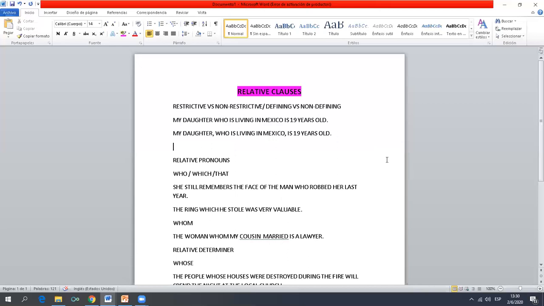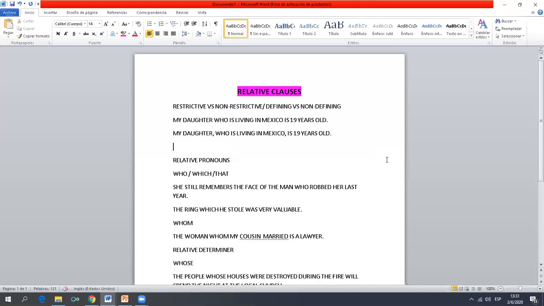If you look at the first example, that is an example of a restrictive relative clause. The user chooses a relative clause to restrict the meaning of the noun it is attached to, in this particular case, daughter.